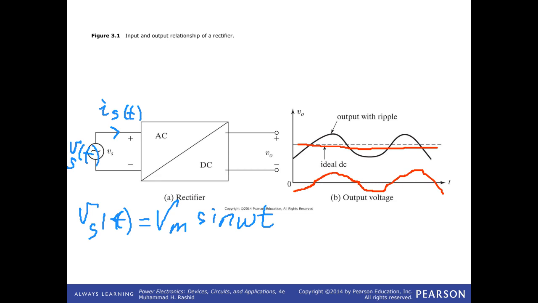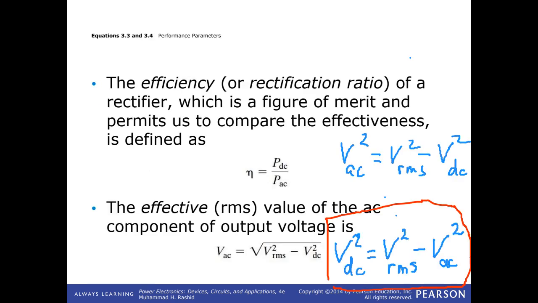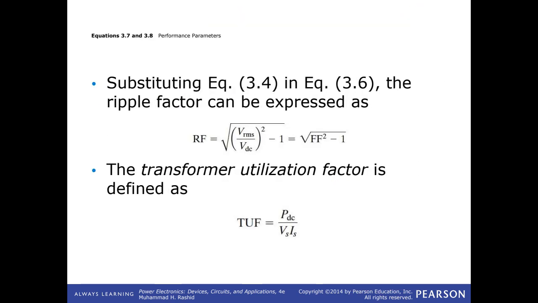Okay, so continue now. There is an AC side as well. For AC side, transformer utilization factor, DC component over apparent power, input apparent power. These are RMS values, by the way.